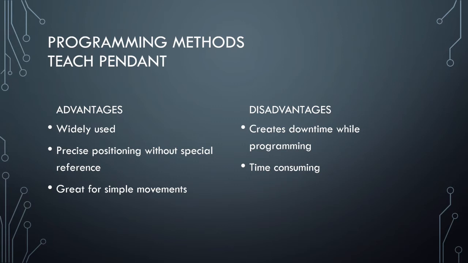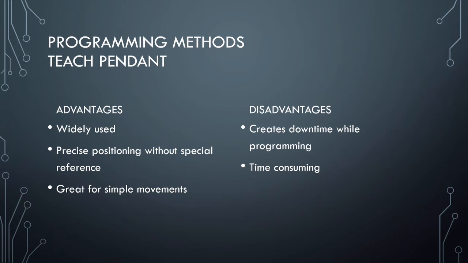The biggest disadvantage when using a teach pendant is that the machine has to be down while you're programming, and that programming takes so much time. So as you saw, it took that man quite some time to program the robot to execute that sequence when it actually took the robot very little time to execute.